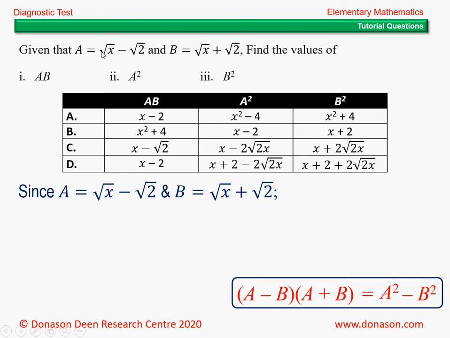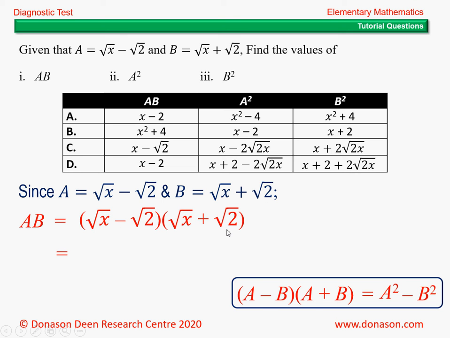Since a is given to you as the square root of x minus the square root of 2, that's what I've written here, and b is the square root of x plus the square root of 2. When we are told to do a times b, what it actually means is the a value is root x minus root 2, and the b value is root x plus root 2, okay?